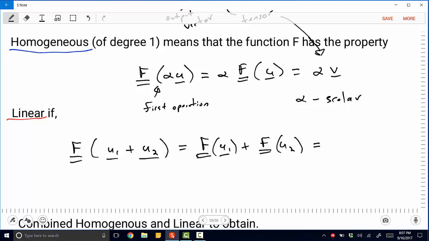And of course, this also indicates that we could define two output vectors from this operation, right? So we have this linear behavior observed in our tensor here.